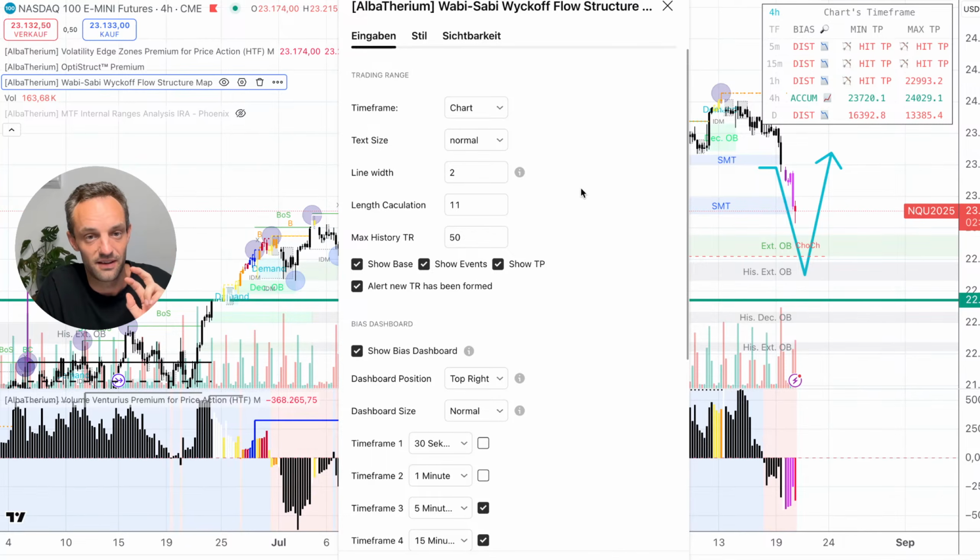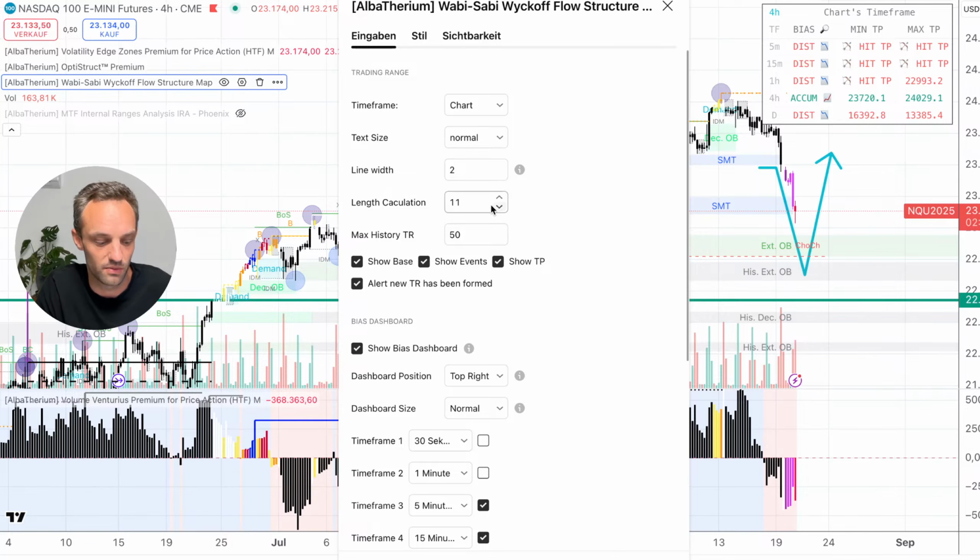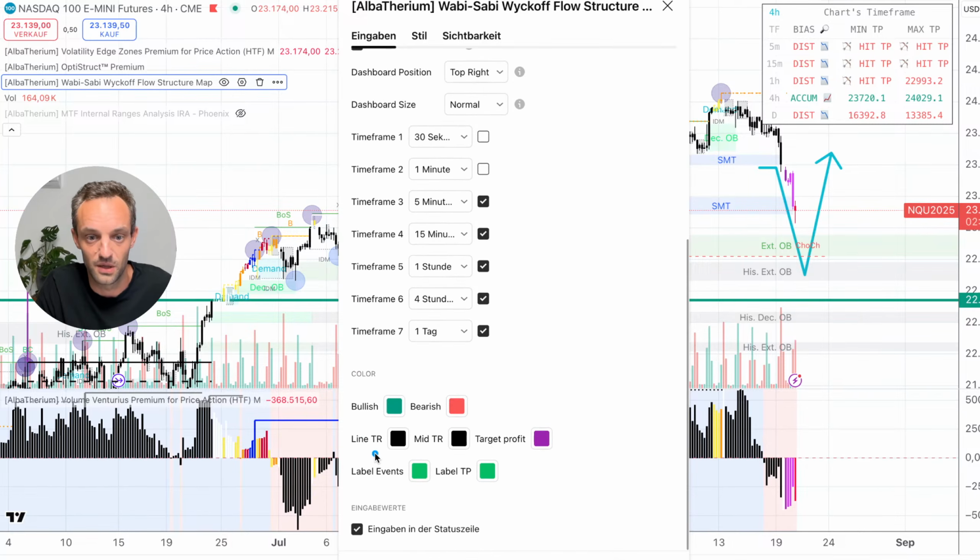I have a white setup or a light setup. I don't have the dark setup here in TradingView, which is very important to know. So the only thing I changed is the line width. I changed it to 2, and the thing below here, I also changed the line TR and the mid TR. Trading range is TR.